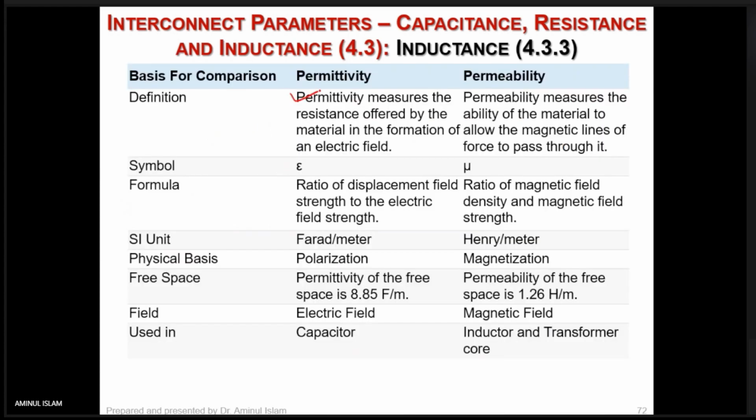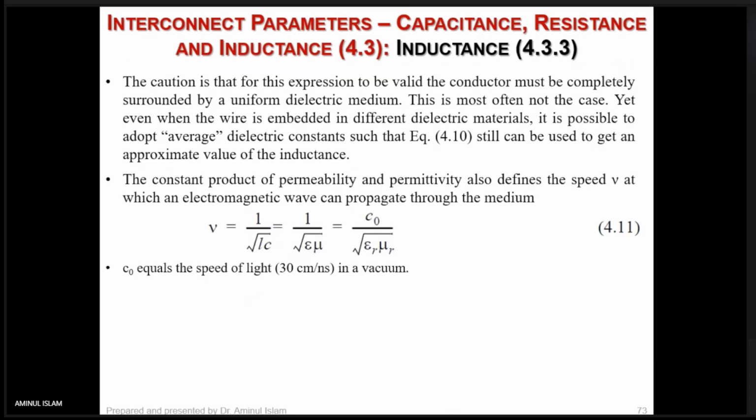By definition, permittivity measures the resistance offered by the material in the formation of an electric field, whereas permeability measures the ability of the material to allow the magnetic field. Magnetic field lines are forced to pass through it. You go through the symbols and try to understand.